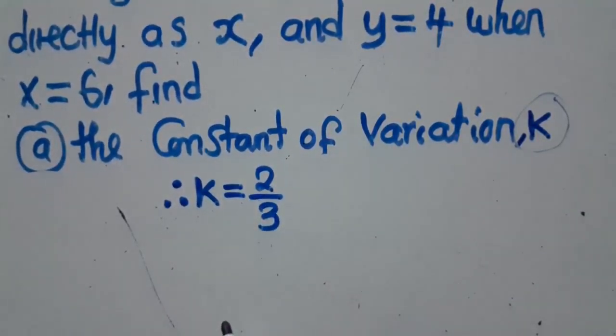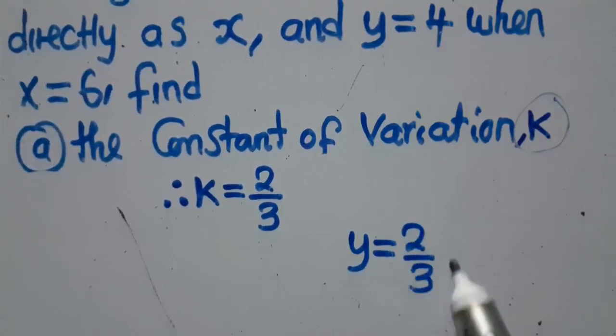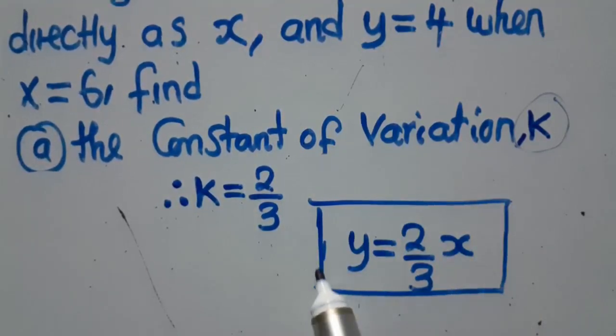And the equation that we'll be using will now change. We are going to have y is equal to 2 over 3 times x. This is the equation we are going to use on the two questions given below this.